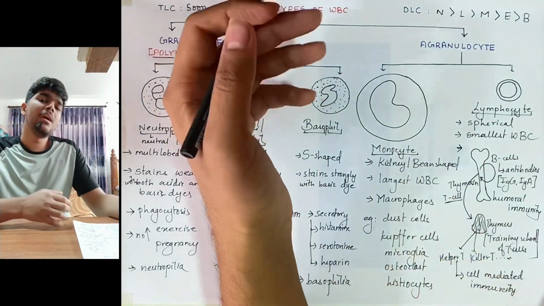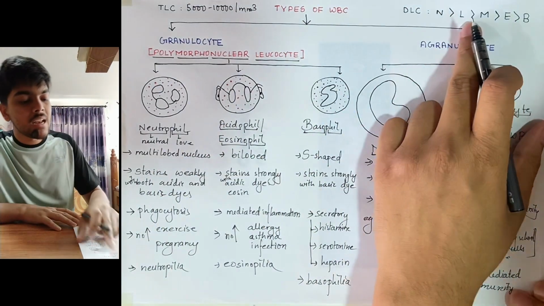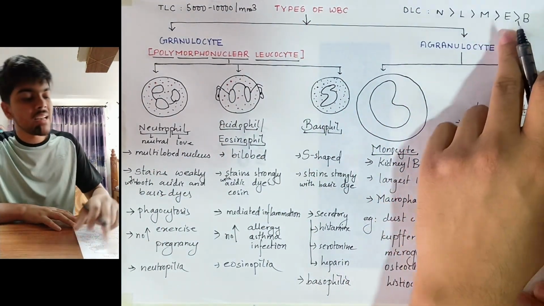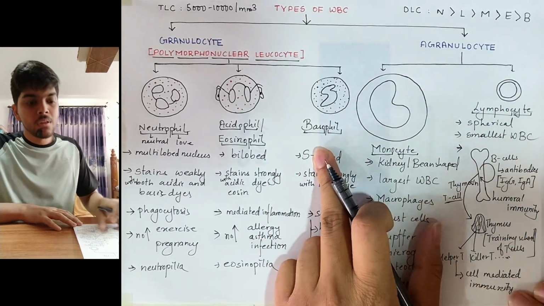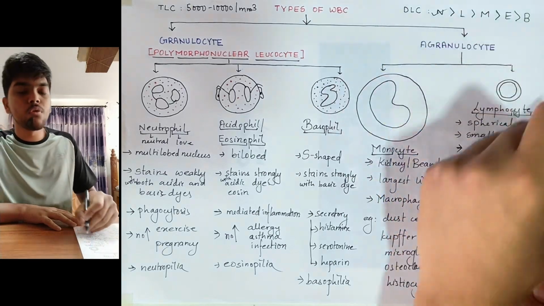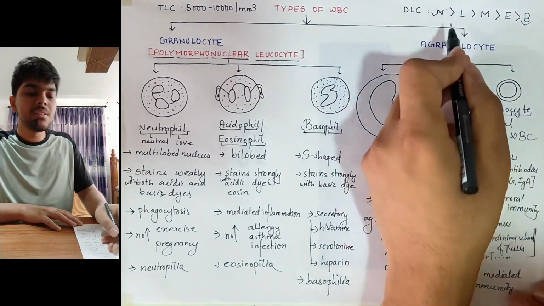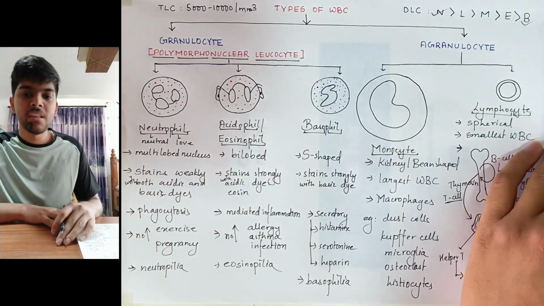You can remember any way you want. N stands for neutrophil, L stands for lymphocyte, M stands for monocyte, E stands for eosinophil, and B stands for basophil. So the largest number is of neutrophil and the least number is of basophil. So this is the descending order of the DLC of different types of WBCs.